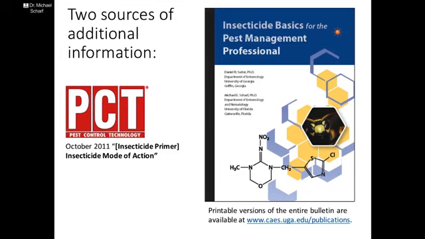Upping the rate or the concentration of the insecticide can get around resistance for a while, but if you don't move to a different product, you're going to lose that insecticide for a very long time in that population, maybe permanently. Resistance to pyrethroids in roaches was common 25 years ago, and it's still there today.